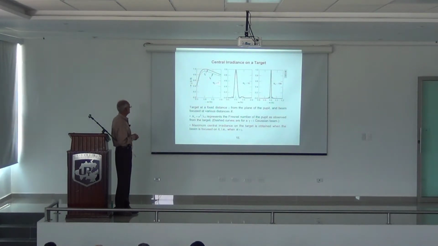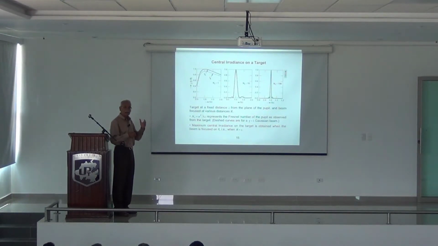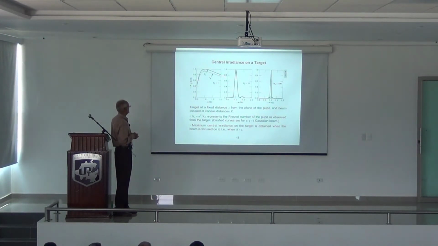Again, n equal to 1, and z equal to 10, and z equal to 100. This is n sub z, meaning the number of Fresnel half-wave zones for the distance z. And you notice in each case, r over z equal to 1. That's where the maximum is. R over z equal to 1.